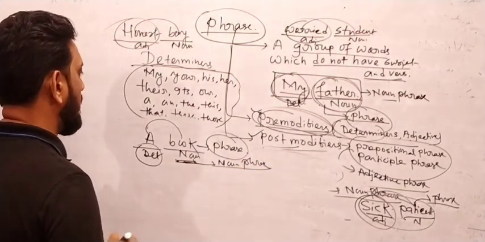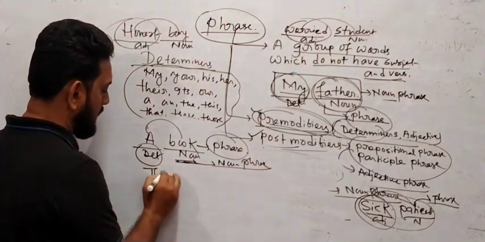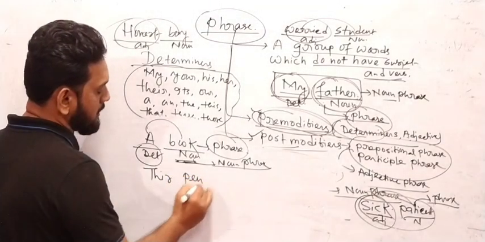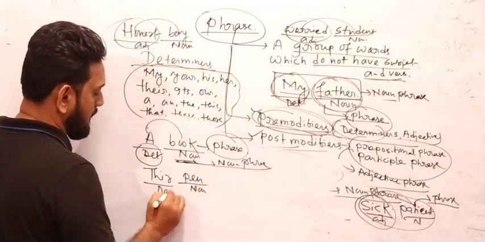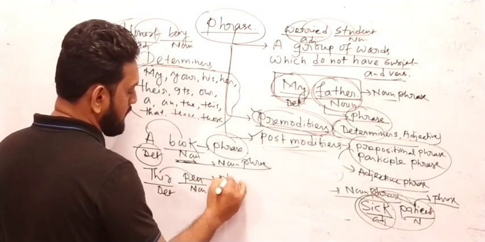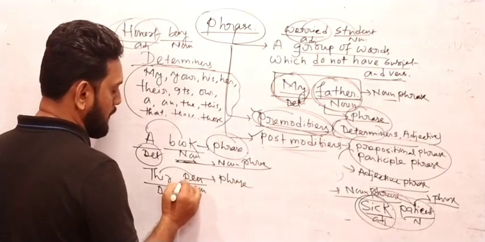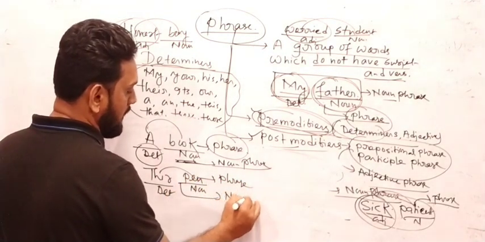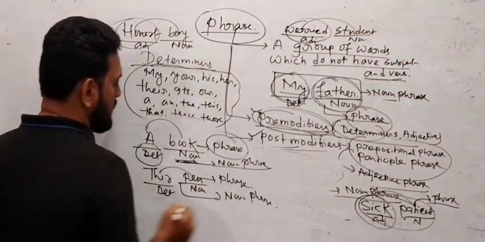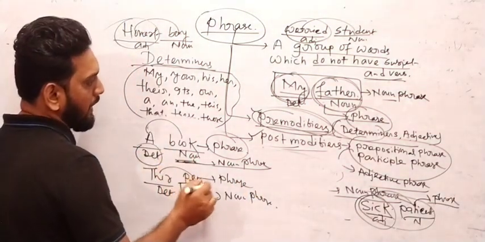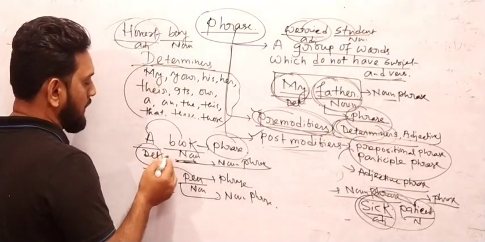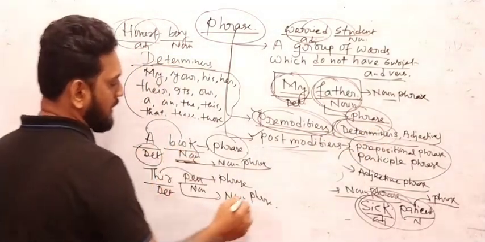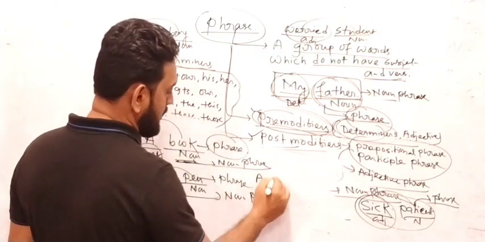I can write this pen. Pen is a noun over here and this is a determiner. Both words make a phrase, and both words make a noun phrase. I can also use an adjective in between the determiner and the noun: a nice book.